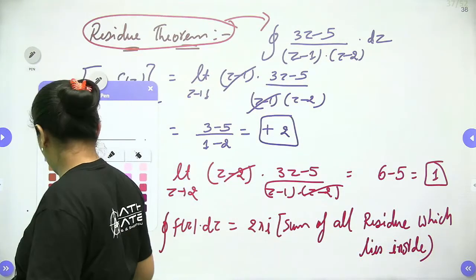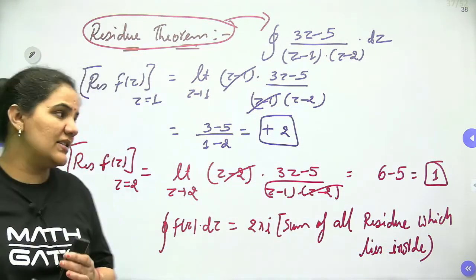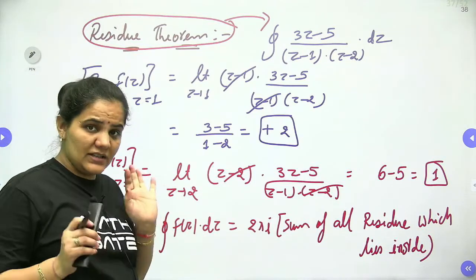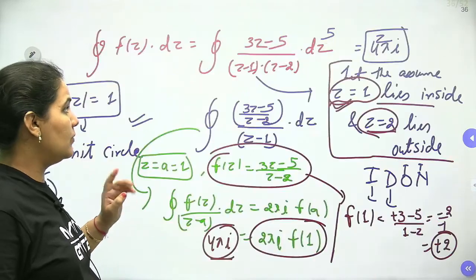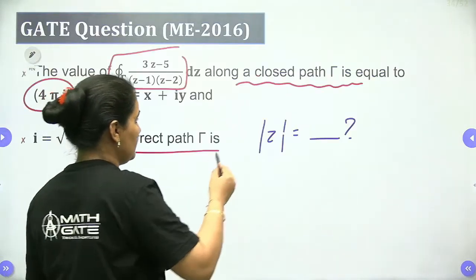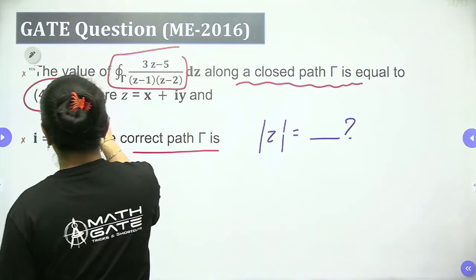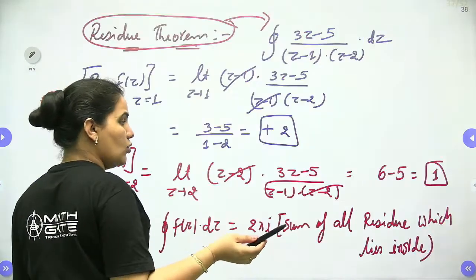We can take each and every residue which lies inside. So till now we haven't assumed anything, but now we can assume, as the total value is equal to 4 pi iota, that we have two options.